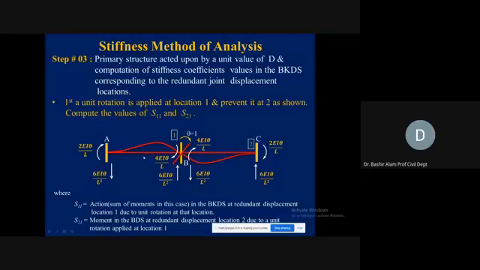Now summation of vertical forces will be equal to 0. This was a clockwise moment generated because of this unit rotation, and it is balanced by this couple 6EIθ divided by L square. Similarly, it is the situation for the right side span. 4EIθ, and at the far end, it is becoming 2EIθ.